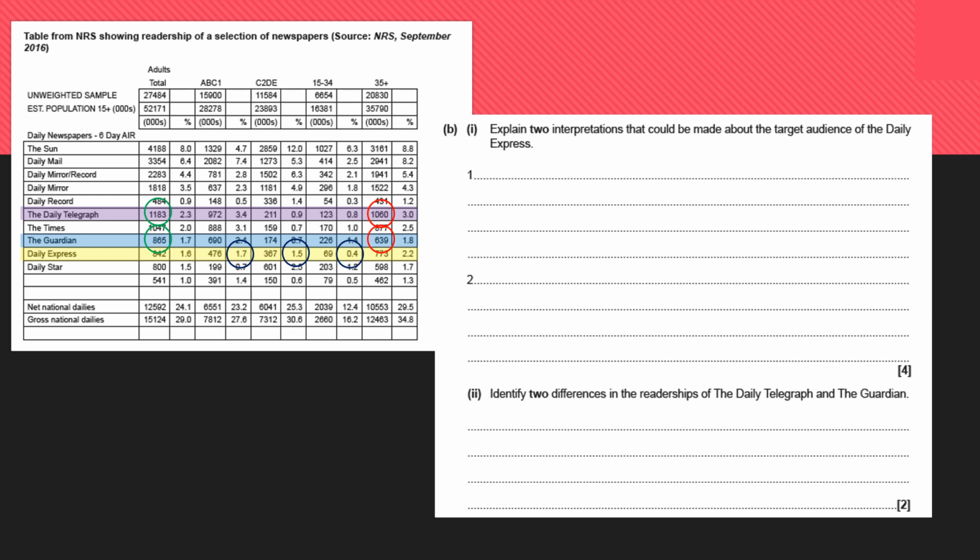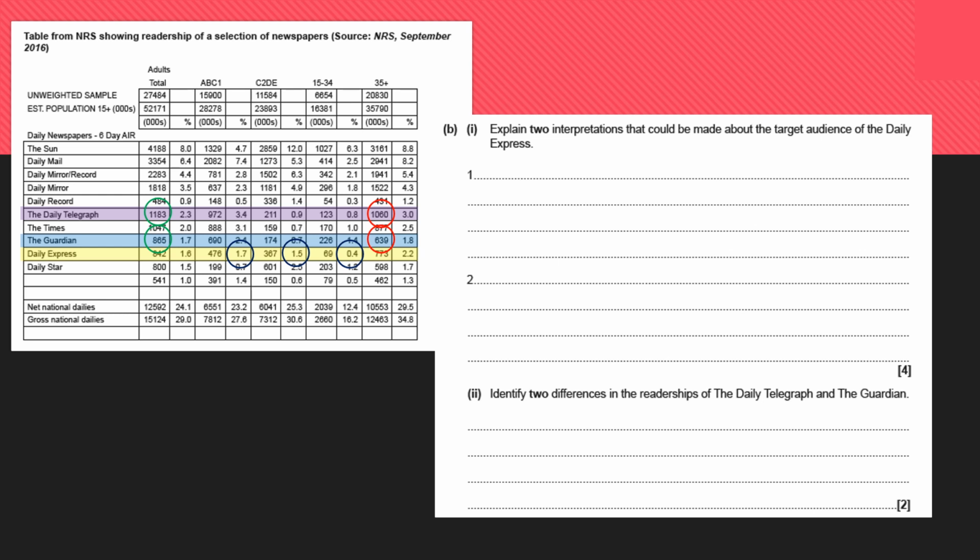The sample was out of 27 million people. Then you look at the percentages of ABC1, C2DE, 15 to 34 and 35 plus. They often provide statistics on gender as well, and all of these are in millions or hundreds of thousands, whatever. You've got to add 3 zeros onto the end of each figure, and then you've got your percentages.